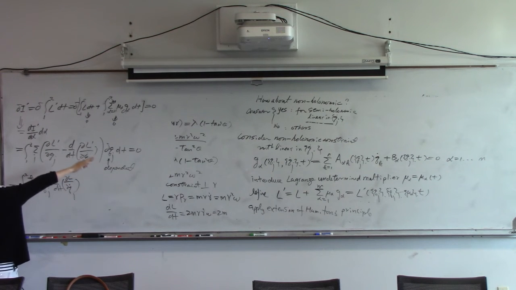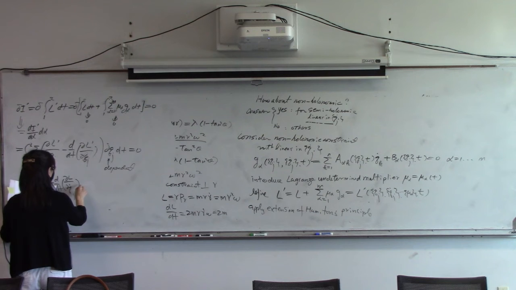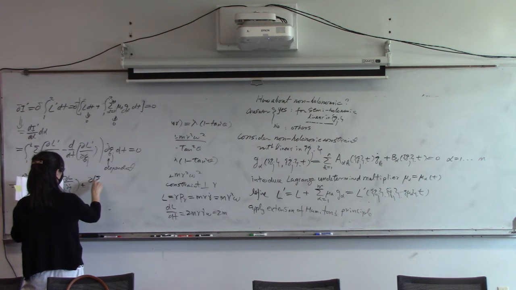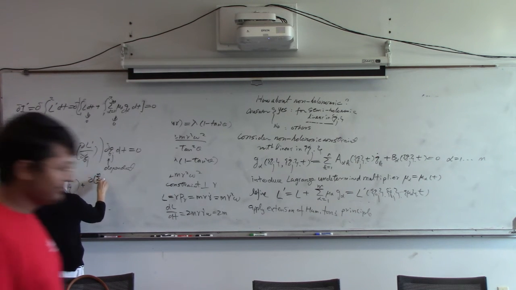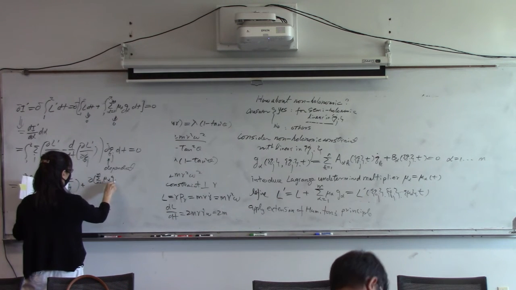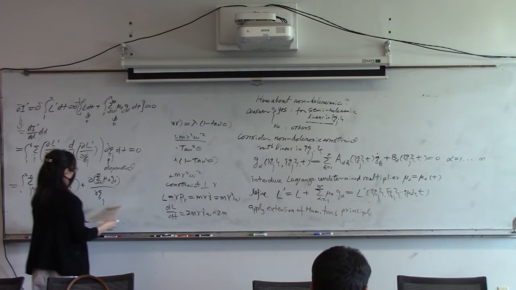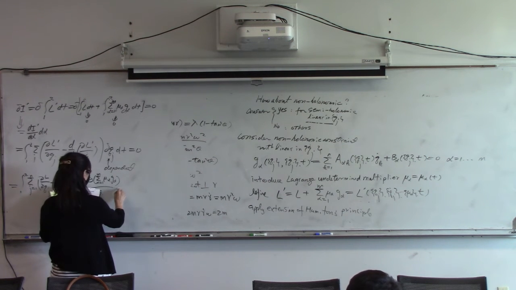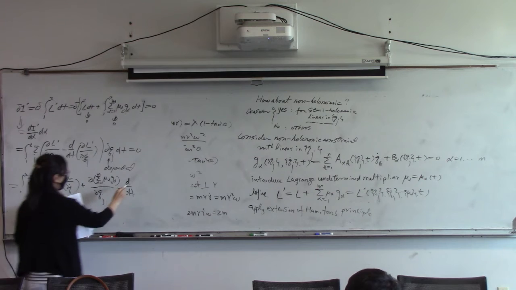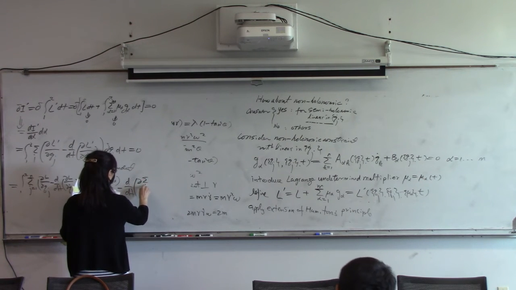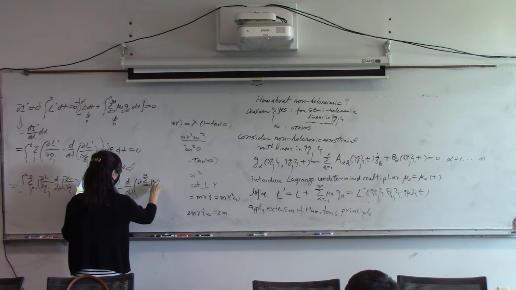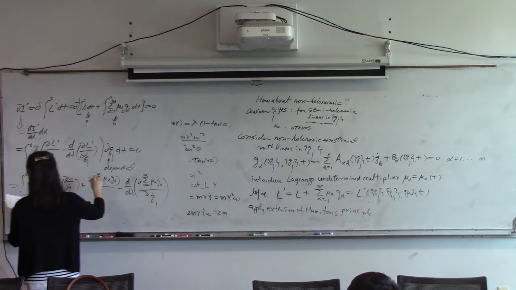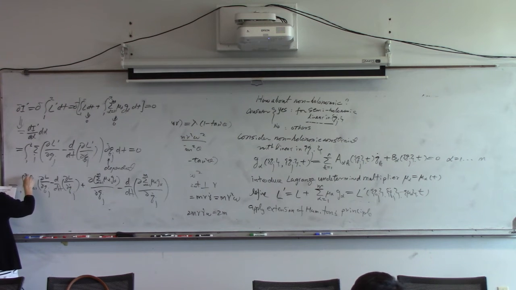That is from L, and then the other part. Doing the same thing for this part, we have the summation over alpha of mu alpha partial G alpha partial q j, and then minus d dt of the second term, the summation over alpha of mu alpha partial G alpha partial q j dot. So here the summation is still used.